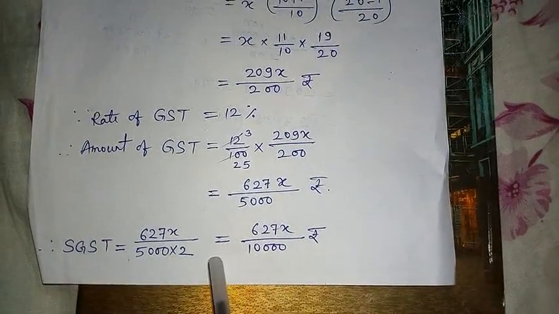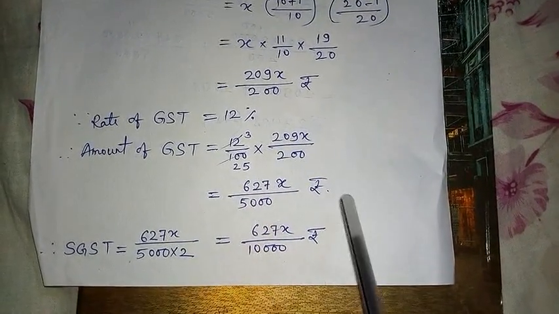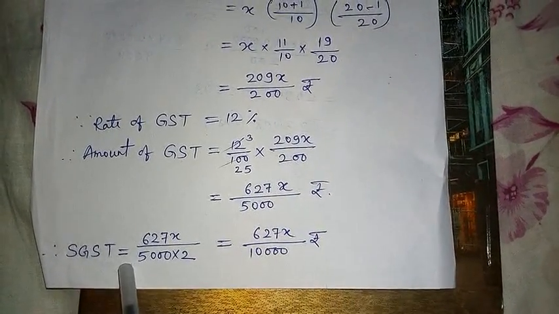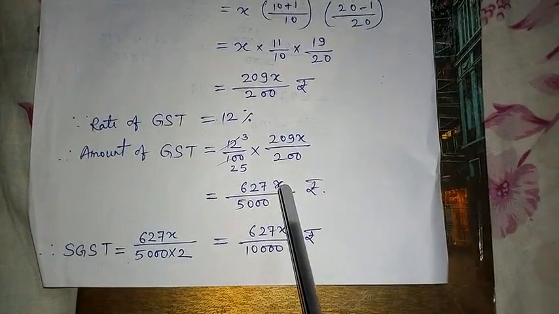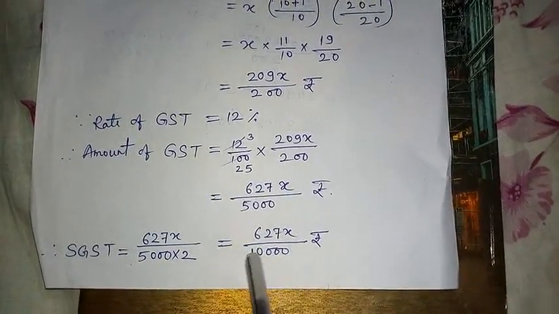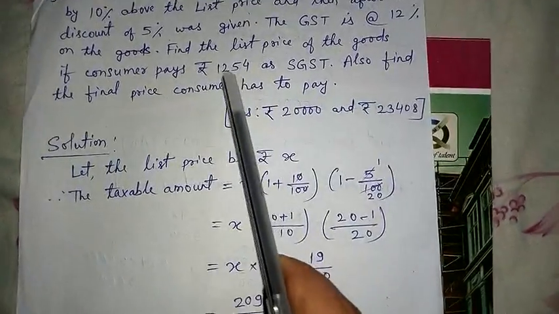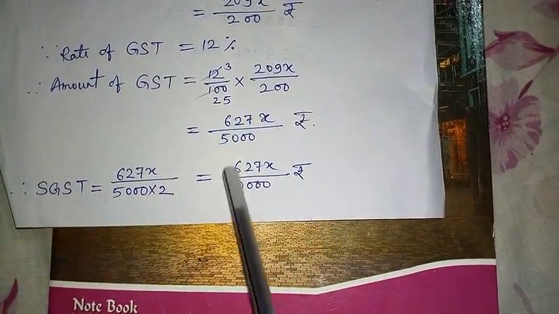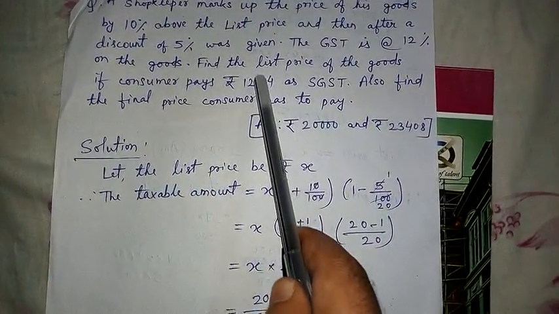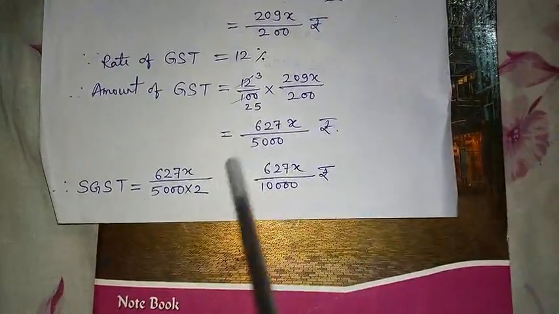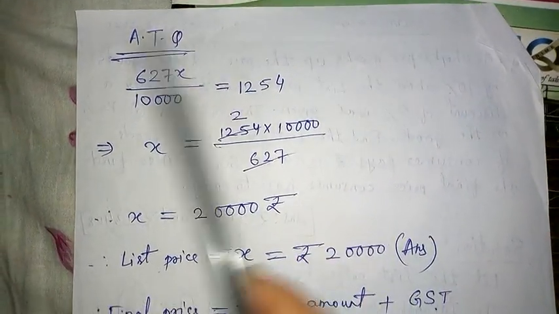This 2 came as a division because half of GST is SGST and the other half is CGST. Now we know SGST is rupees 1254. So according to the question, I can say this is equal to this.